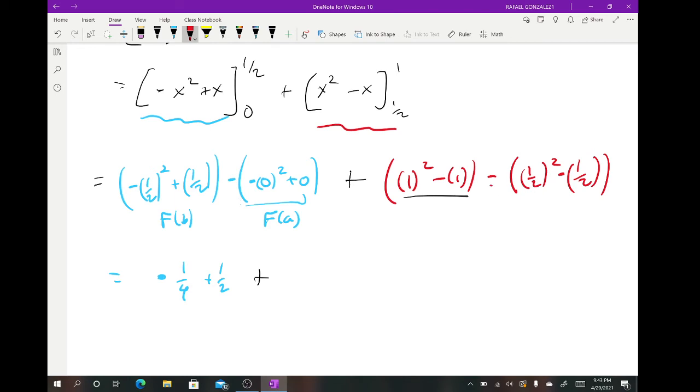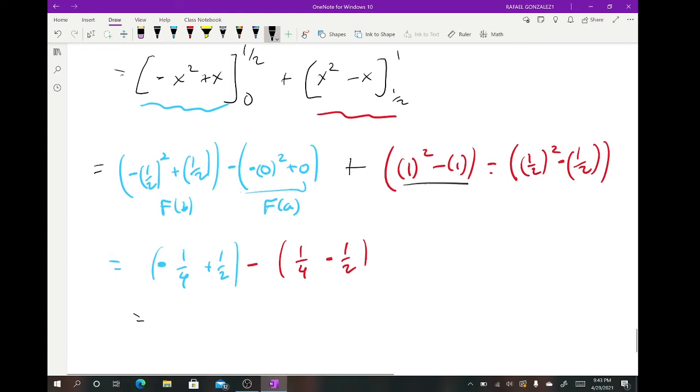Then I have minus, so instead of a plus, let's put a minus here. 1/2 squared is 1/4, I meant to say, minus 1/2. This is what we have so far.